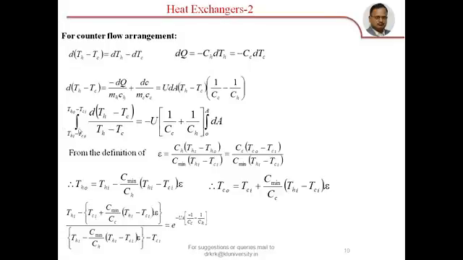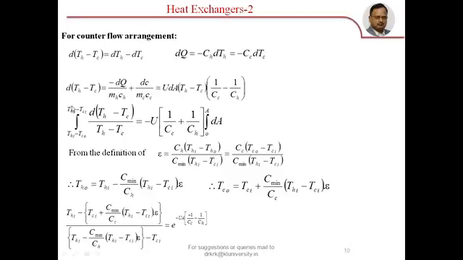When you substitute the logarithmic term here, you will get logarithm of THI minus TCO by THO minus TCI. So in the place of TCO, I am substituting this term. So THI minus TCI plus C minimum by CC into this.